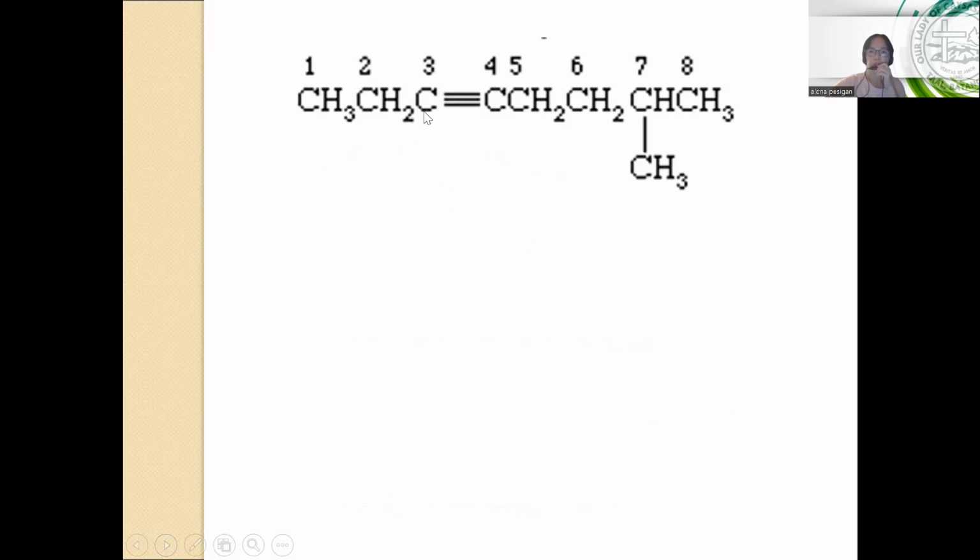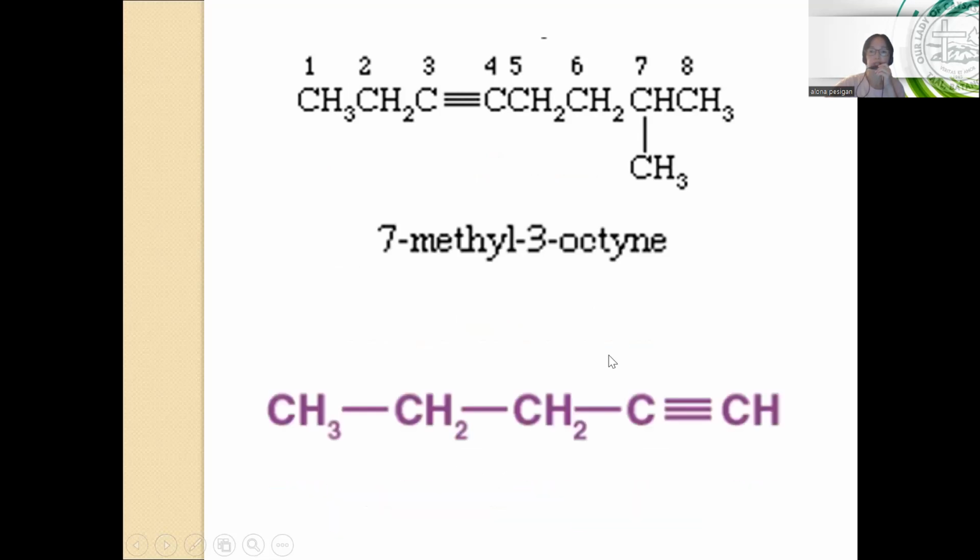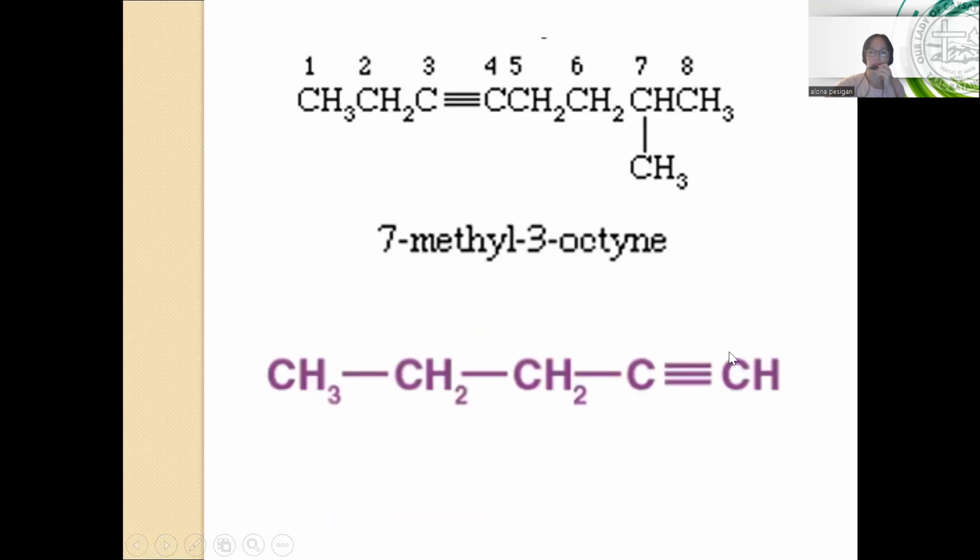What about this? The triple bond is on the 3rd, but you will see a methyl on number 7. So this is 7-methyl-3-octyne. And this one is 1-pentyne. So this is how we're going to name alkynes.